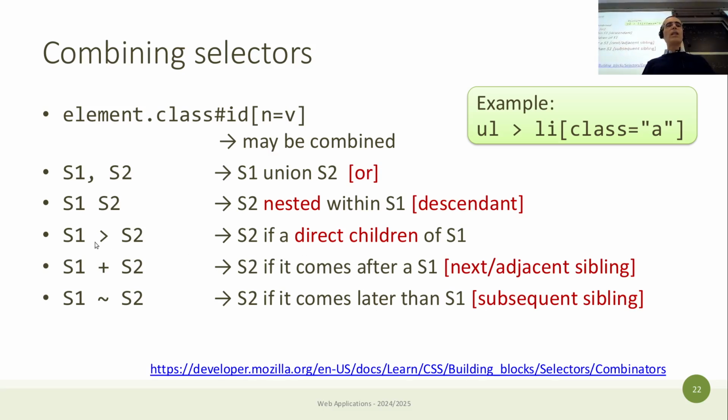Or where the greater-than sign directs children and so on, okay? Again, for us, that's probably enough to have the comma. Sometimes we need to apply the same thing in two places, and of course, we don't want to rewrite the same rule twice, okay?